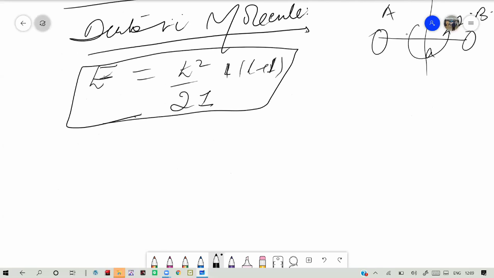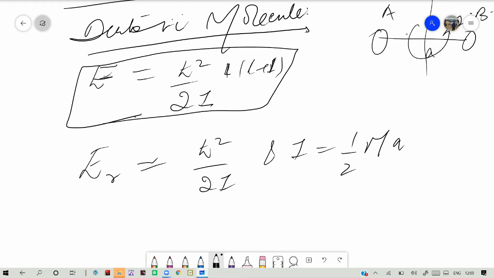So this ER is h cut square by 2I, and this I is equal to half of m r square actually. R is a here.